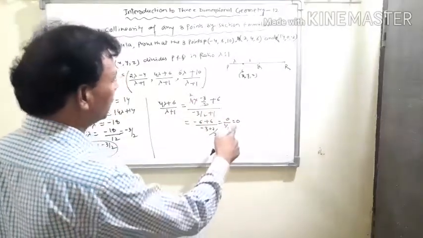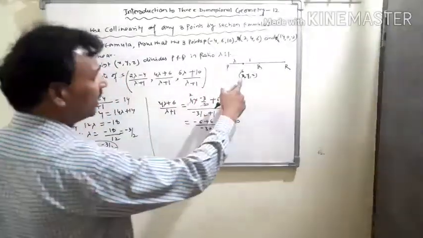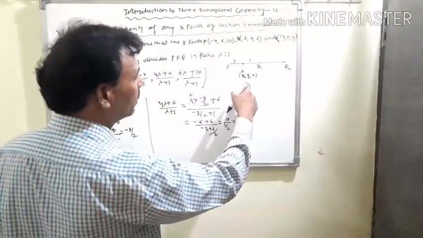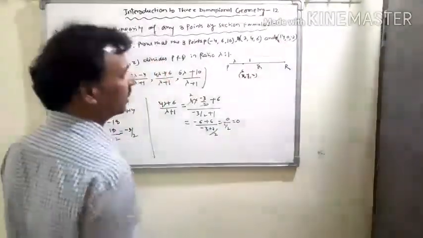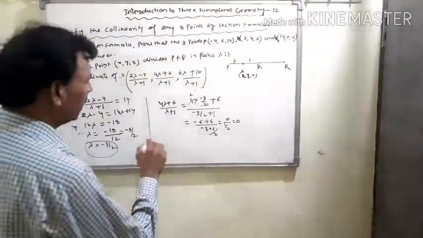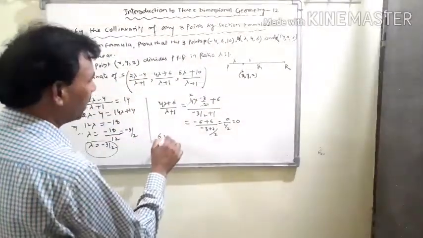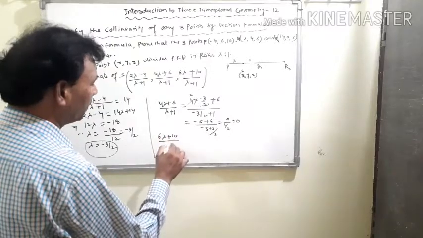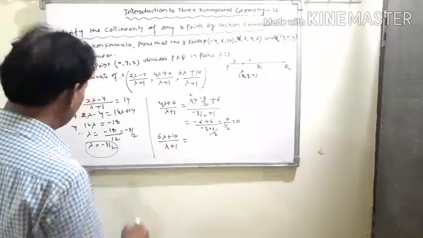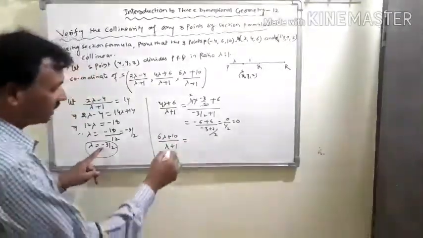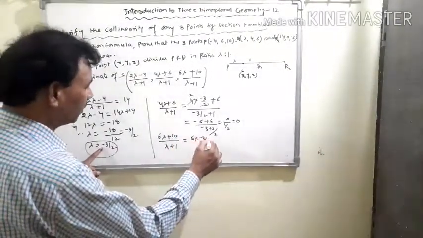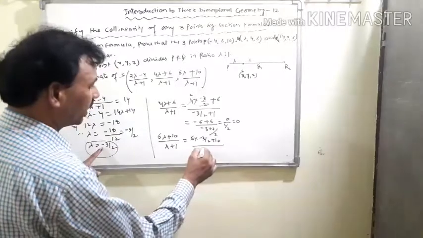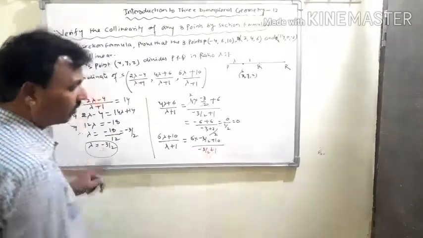As you see here, the y coordinate of S equals the y coordinate of R, that is 0. Next, 6 lambda plus 10 upon lambda plus 1, with lambda replaced by minus 3 by 2, will be 6 into minus 3 by 2 plus 10, whole upon minus 3 by 2 plus 1.